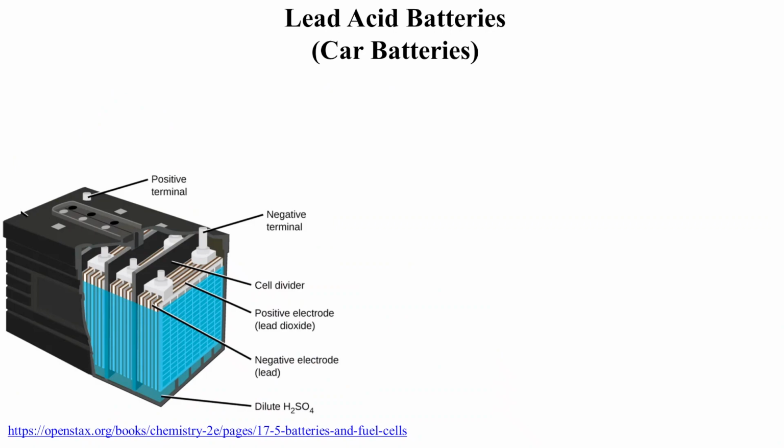All right, and then the last type of battery I want to talk about today is the lead-acid battery. Now, for a lead-acid battery, this one's kind of interesting in the fact that it is designed a little bit similar to the last one we looked at, where we had that jelly roll thing going on, where we have alternating anodes and cathodes, and they're essentially set up in series in order to get a very high voltage, and they're all sitting in this liquid here, which is sulfuric acid.